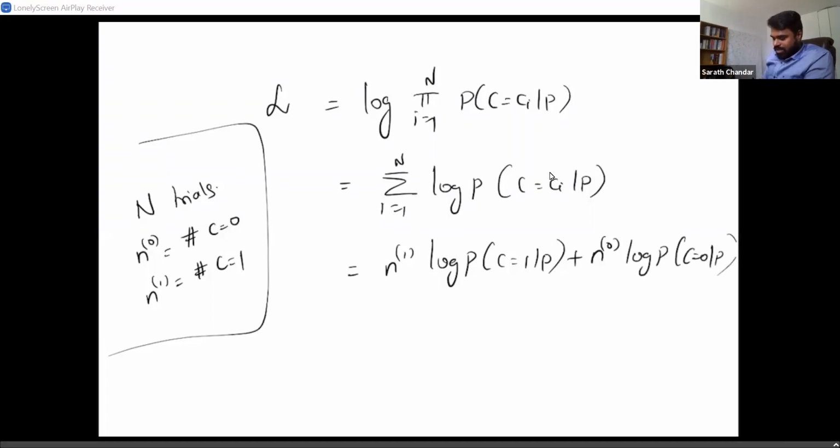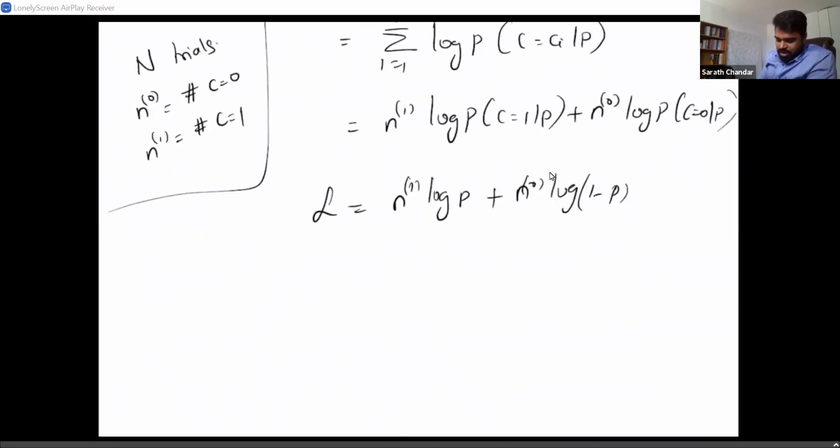Now this is essentially n1 times log P plus n0 times log 1 minus P, where n0 plus n1 is the total number of trials. Now this is my log likelihood.